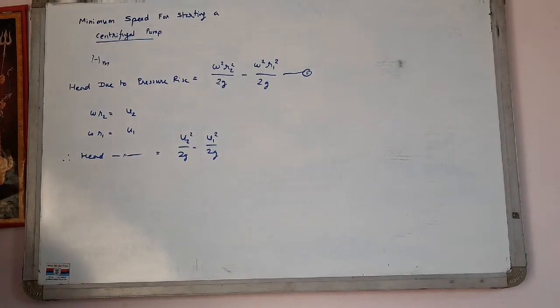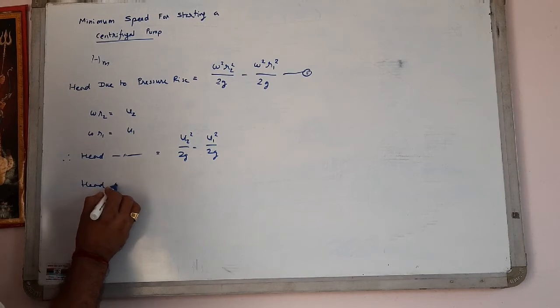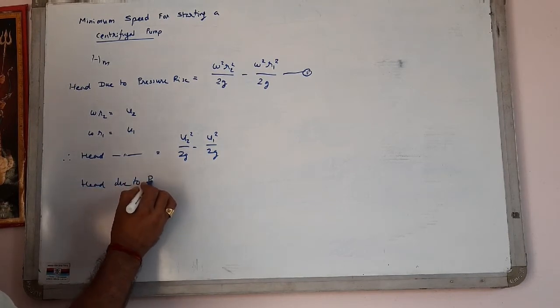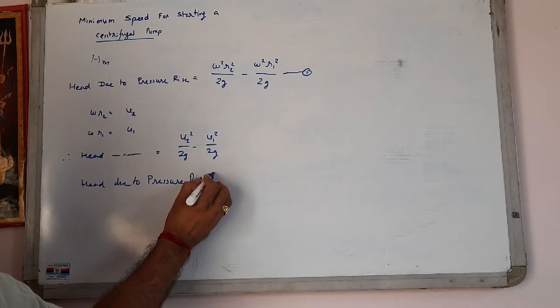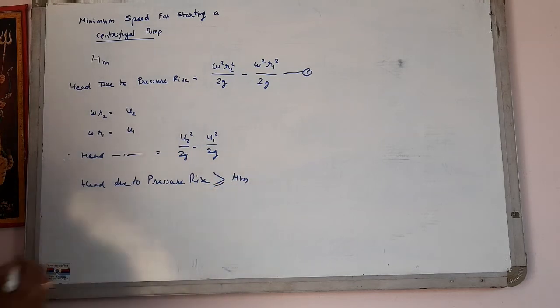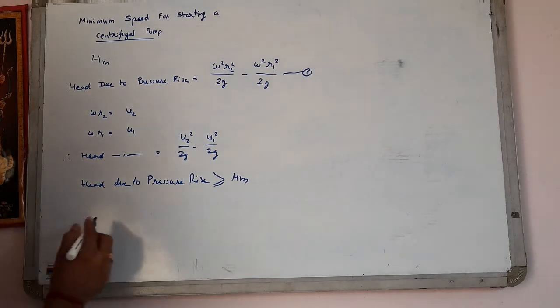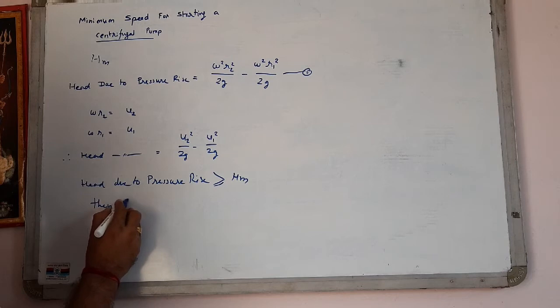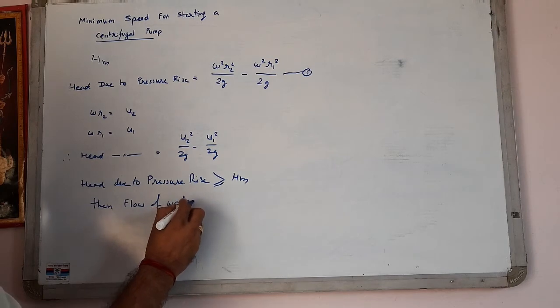The flow of water will commence only if the head due to pressure rise in impeller is greater than or equal to HM, the manometric head. Then the flow of water will occur.